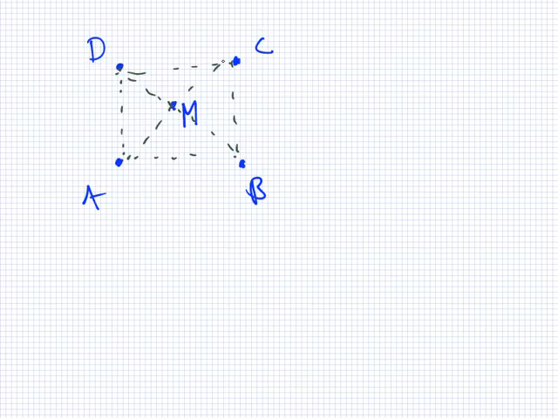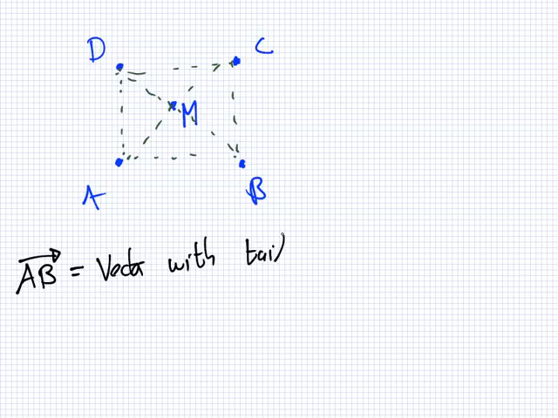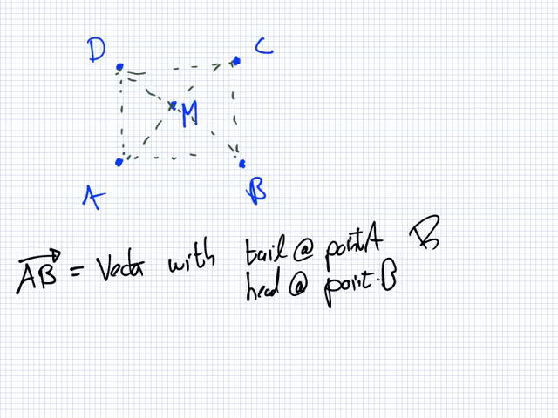You can make vectors from these points. So when you write something like AB with an arrow here, it's the vector with a tail at point A, and a head at point B. So this is the vector AB, like this.